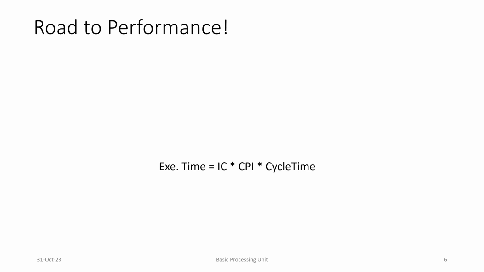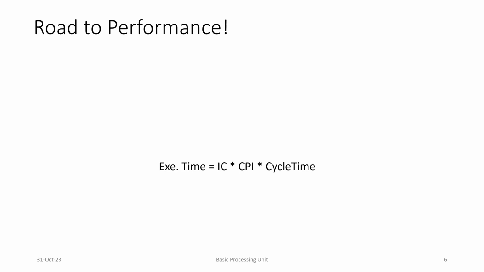It is given as a product of the total instructions that have been executed times how many cycles we are taking to execute one instruction. We call it CPI, cycles per instruction. This is an average number. A few instructions take more cycles, a few instructions take fewer cycles, followed by the speed of operation. Here it is given as cycle time, which is 1 upon frequency.